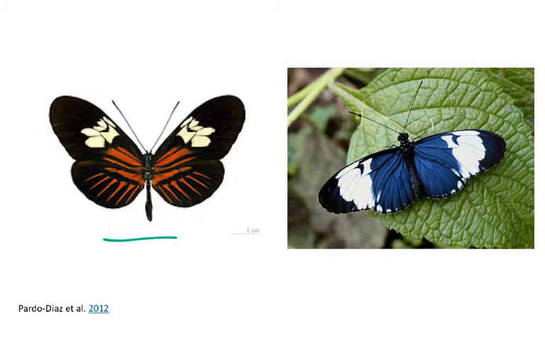And so what's happened is genes from that species have actually repeatedly introgressed into this other butterfly species because this coloration pattern is beneficial. If you're telling predators not to eat you, that's going to help you survive. So this is an example of introgression of adaptive alleles that encode that warning coloration.